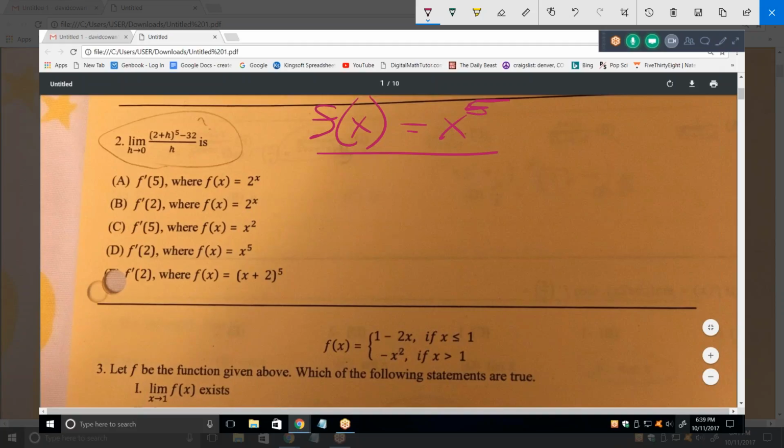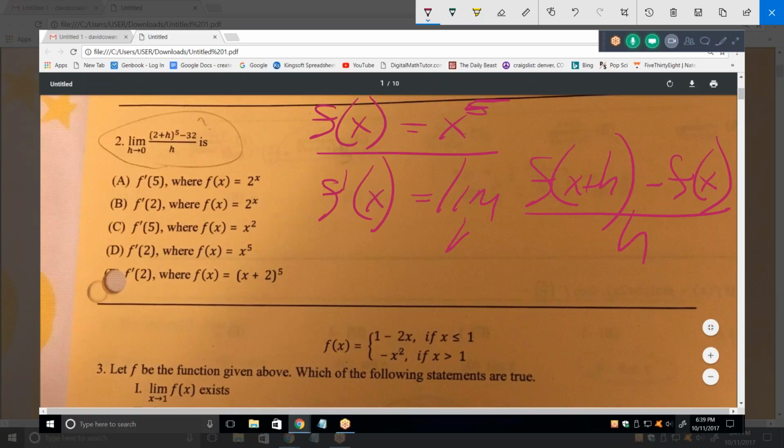Okay. Now, what do we know about f prime? The first derivative is equal to the limit of f of x plus h minus f of x all over h as h goes to 0.